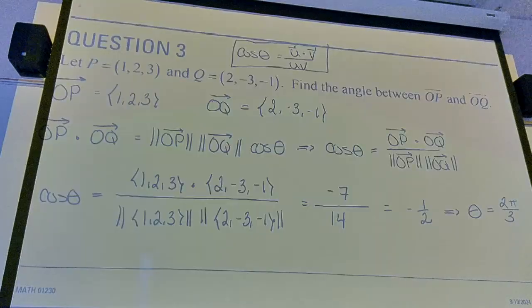So each one comes out to square root of 14. So you have 2 square root of 14s next to each other. Those 2 square roots cancel and you get 14. Did you get that? Alright, so just take the sum of the squares of the components, square root. That's your magnitude. So each magnitude is root 14.